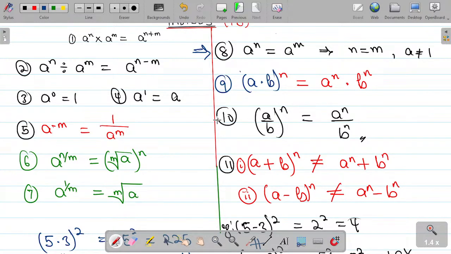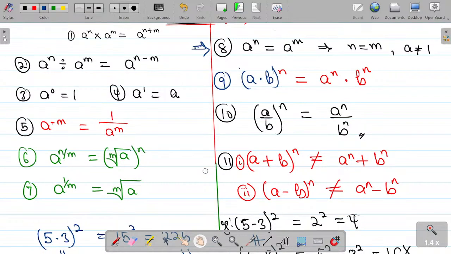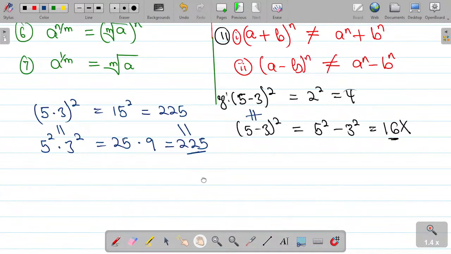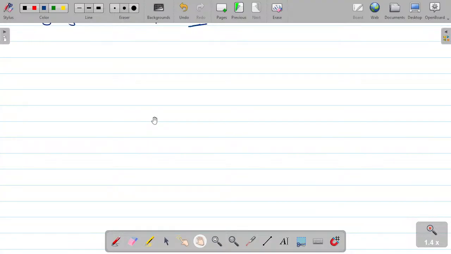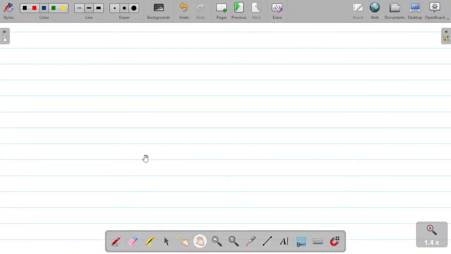Where there is an equality and the bases of both sides are the same, their powers will be the same as well. So whenever you are given an equation, you are looking for a way to make the bases the same, or the powers the same, so that you can equate whatever you have.